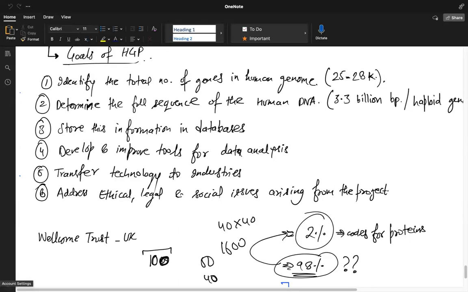And including chromosome 1, it became 16 years. In 16 years, a lot of technology started growing and became high throughput. So cost went down. And by the time this project finished, it finished well within just $3 billion. Somewhere around 2.7 to 2.8 billion dollars were used in the whole project.